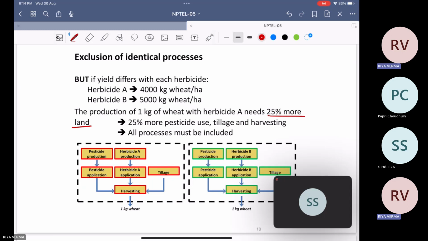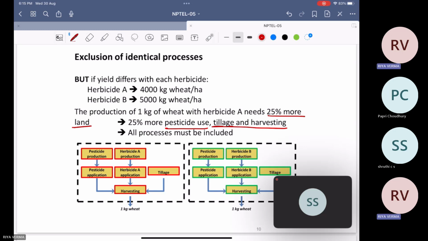Since the land use requirement is different in both the cases, this will involve different use of pesticide, tillage, and harvesting. All the processes here will be different. So that is why we need to include all the unit processes in this case.